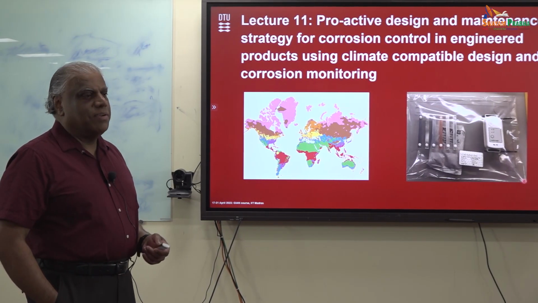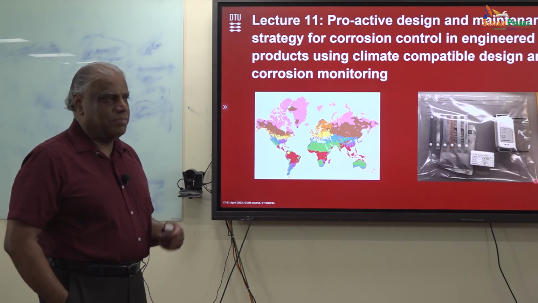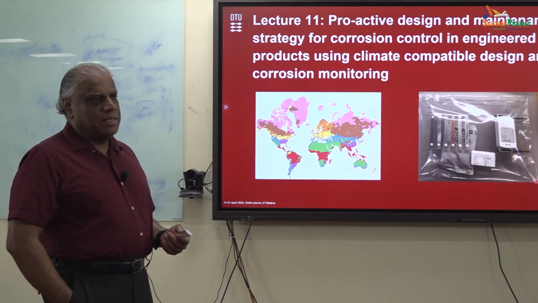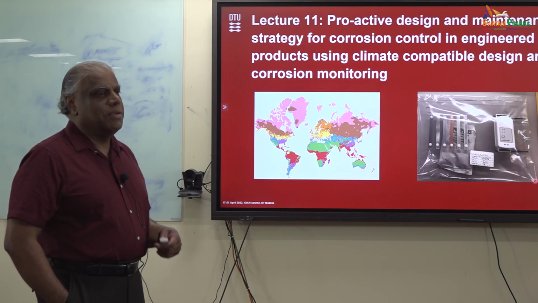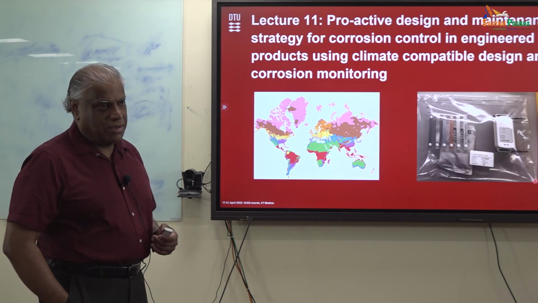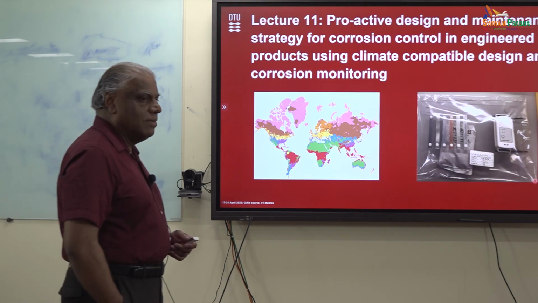And in corrosion engineering, one of the things is that we make products which have less corrosion, or we develop corrosion preventive and control measures, and at the same time, it is also important to develop corrosion monitoring measures, and how we can monitor when the structure is installed at different places.